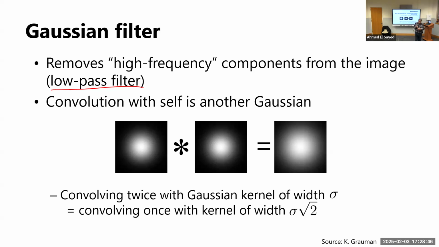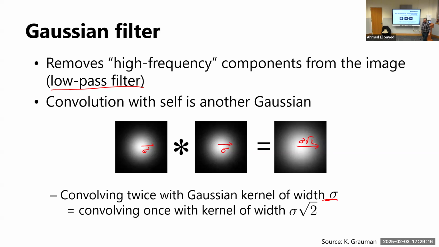The Fourier transform of the Gaussian filter is Gaussian. The convolution between two Gaussian filters is Gaussian. If you have two Gaussian filters, each with standard deviation sigma, and convolve them together, the standard deviation of the result will be sigma times square root of 2.